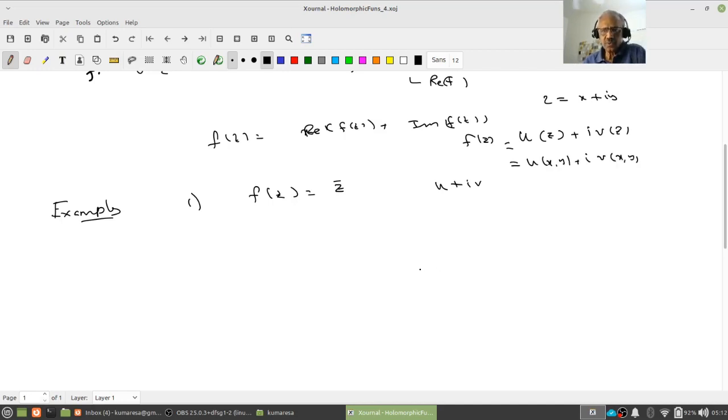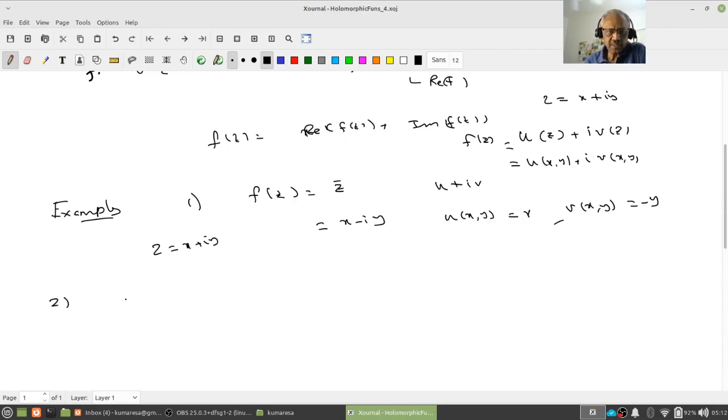So if z equals x plus iy, then z bar is x minus iy. Therefore, u of x,y equals x and v of x,y equals minus y. This is very simple.